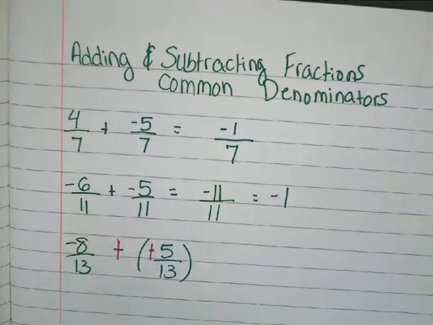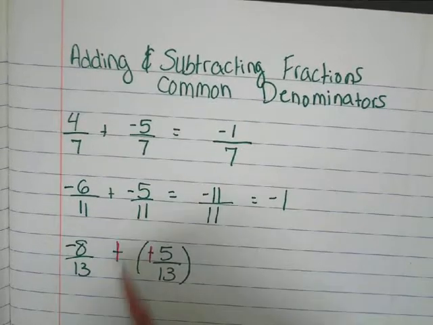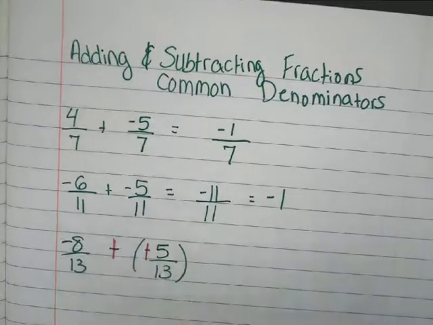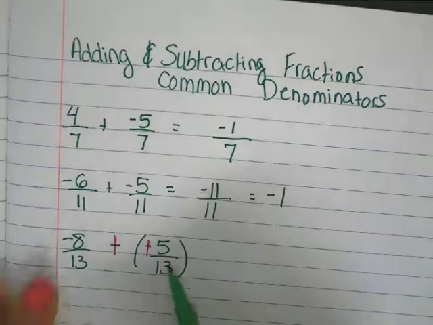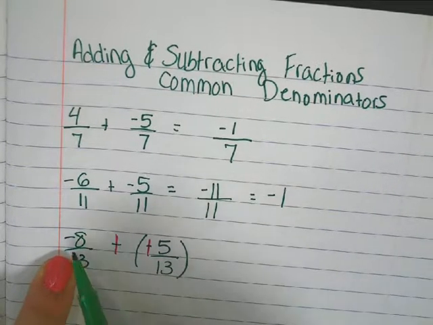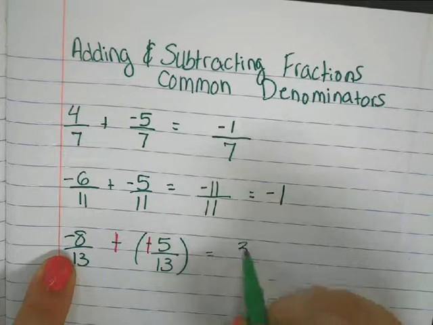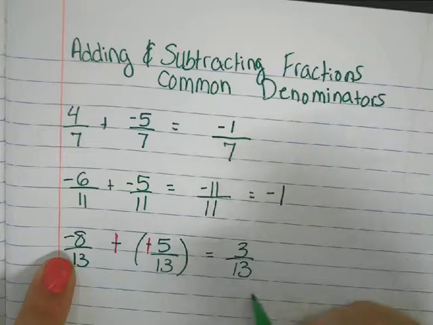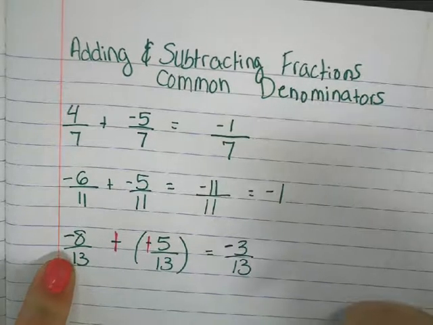Because it's a subtraction here, we're still using the rules of integers. That's why we keep working with it. So same or different signs now? Different, I'm going to subtract, so 8 minus 5, 3/13. Is it a positive 3 or negative? Negative. So still applying your rules of integers.